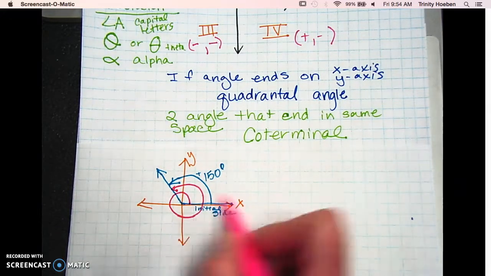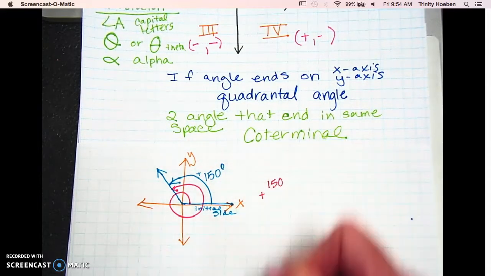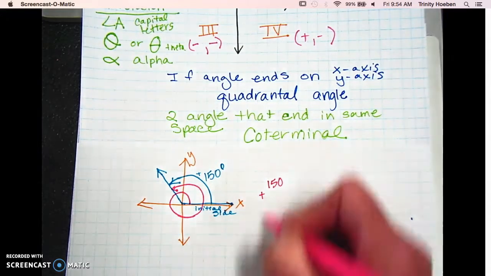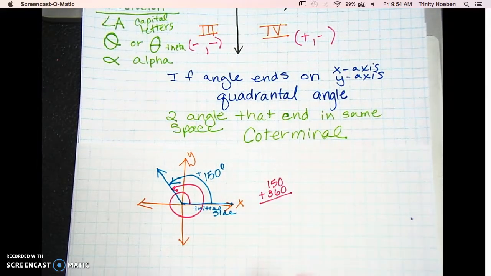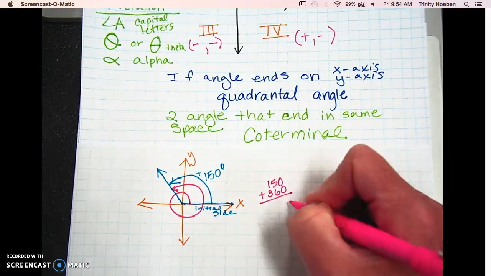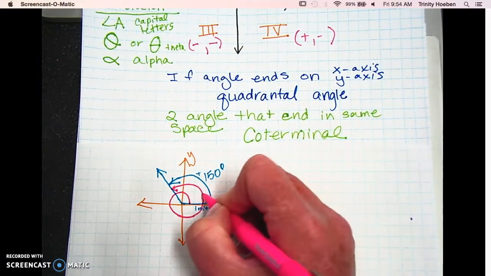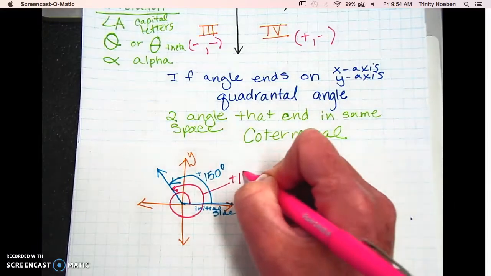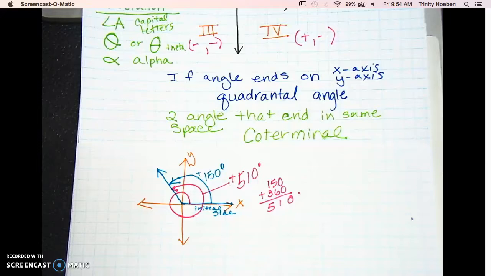So this pink one is actually 150 plus what? 360. We did a full circle and the 150, which means we end up at 510 degrees. They're coterminal.